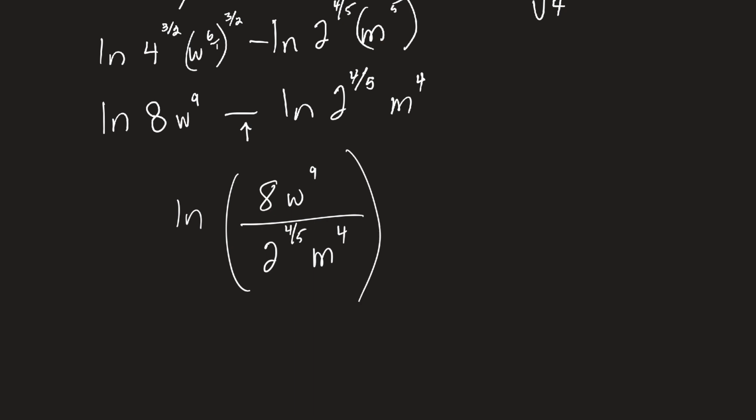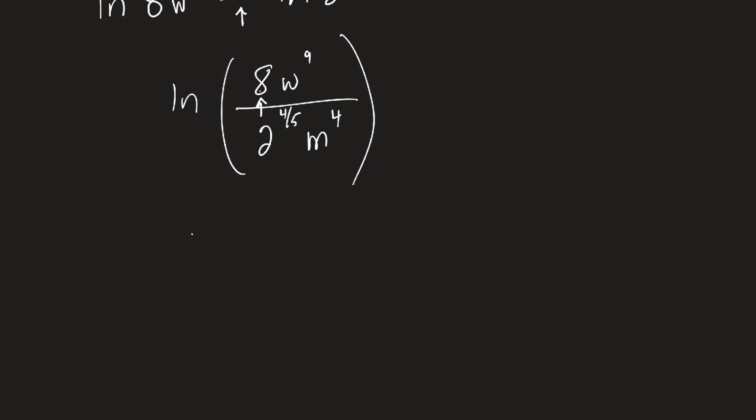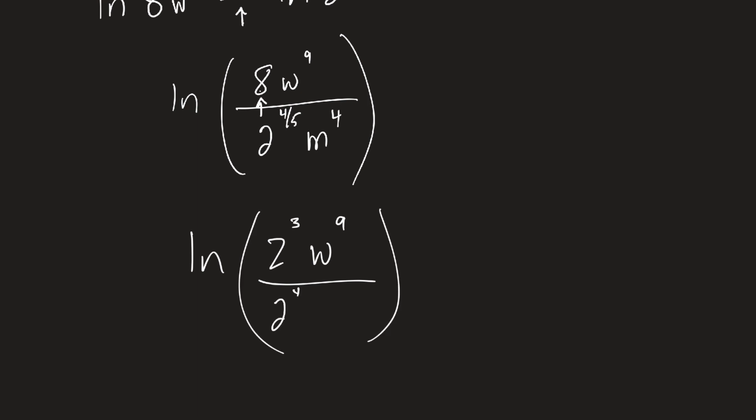Okay, I'm feeling okay there, except this 8 bothers me a little bit in that 8 I can express as 2 cubed, so I could maybe simplify that a bit more. So ln of 2 cubed w to the 9 over 2 to the 4/5, m to the 4th.